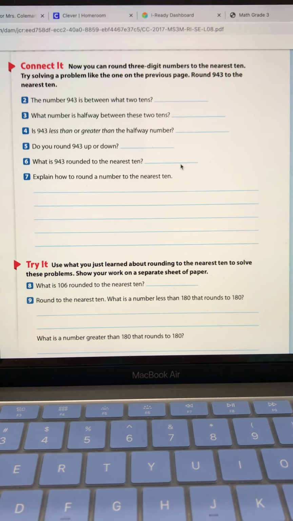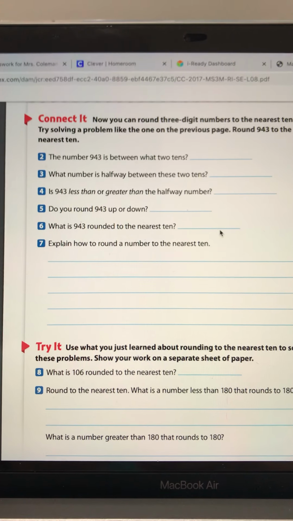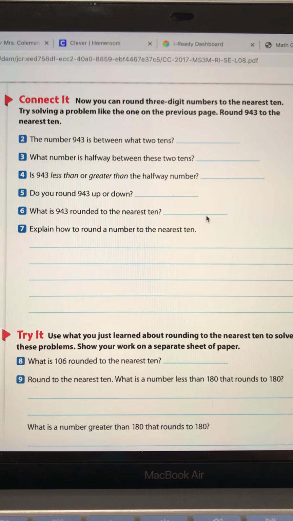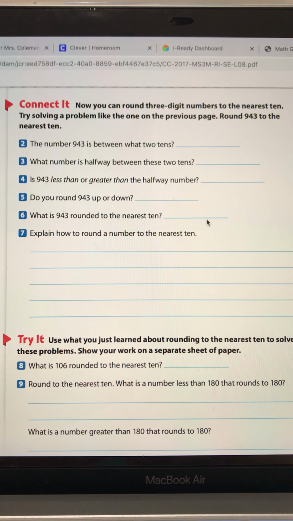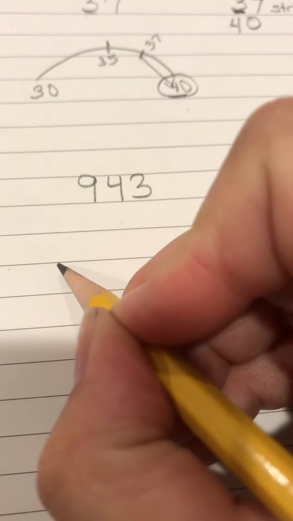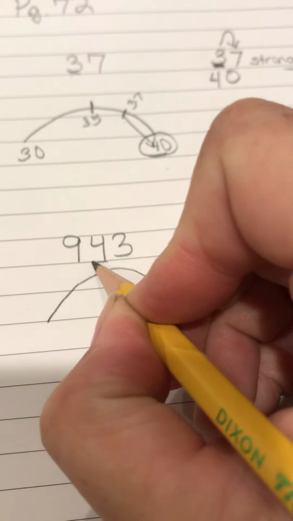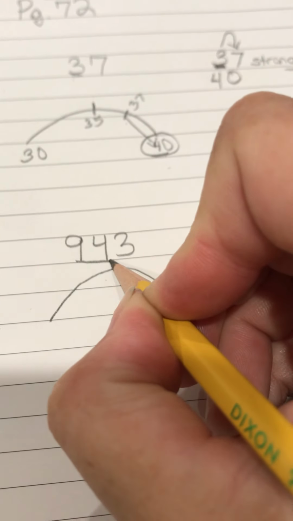I'm going to go ahead and write that number on my paper, 943. It says the number 943 is between what two tens? So this is the roller coaster, remember. So down here we're going to decide, okay, what are the two numbers that I need to put on each end of my roller coaster? Since we're rounding to the nearest 10, how many tens do we have?